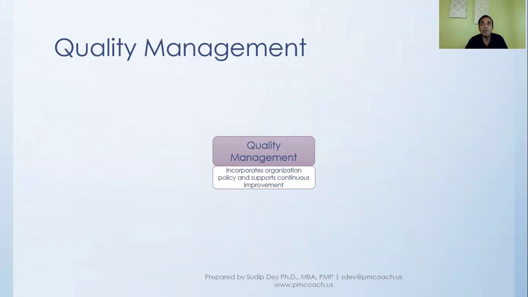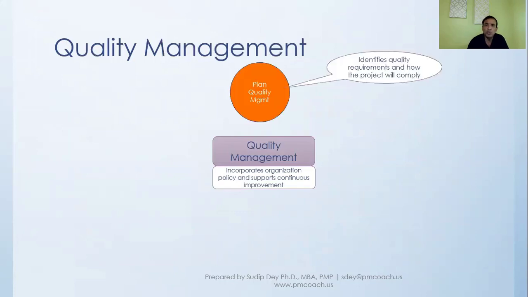It is not enough that we have good quality in this particular project. We should have a process in place that continually improves all that we do in the organization and in future projects.